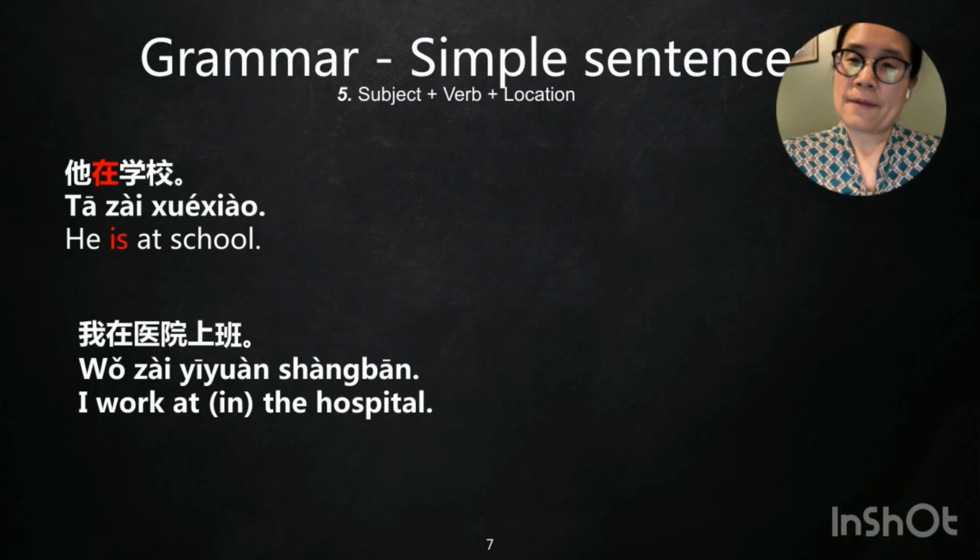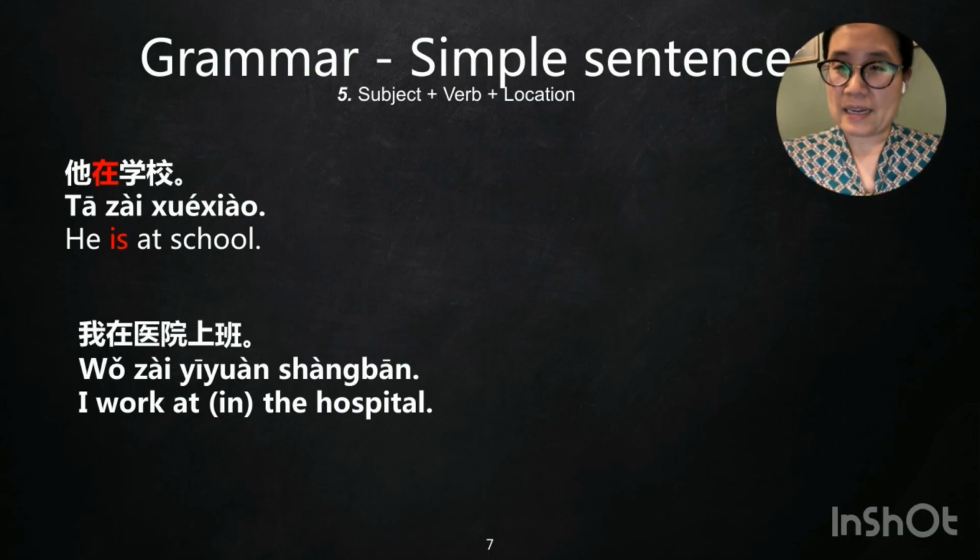But if you say 他在医院上班, in the second sentence, 上班 is a verb or is action. So 在医院 is a place for the 上班, or is a place for the work. So in this situation, 在医院 is a preposition. So the 在 is a preposition, not a verb. How do we know if the 在 is a verb or a preposition?